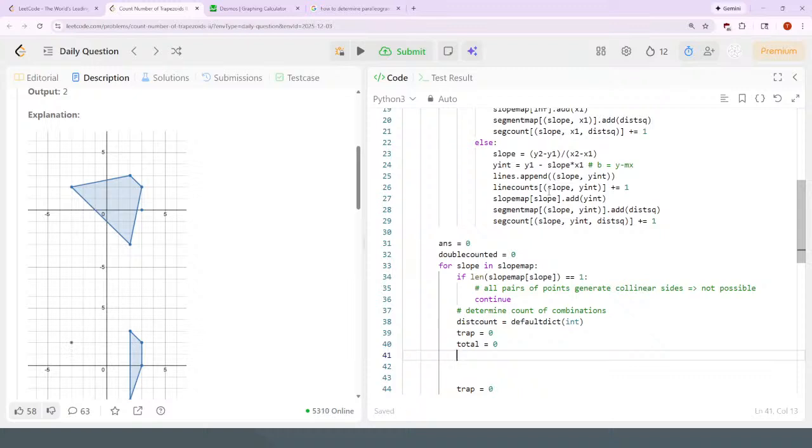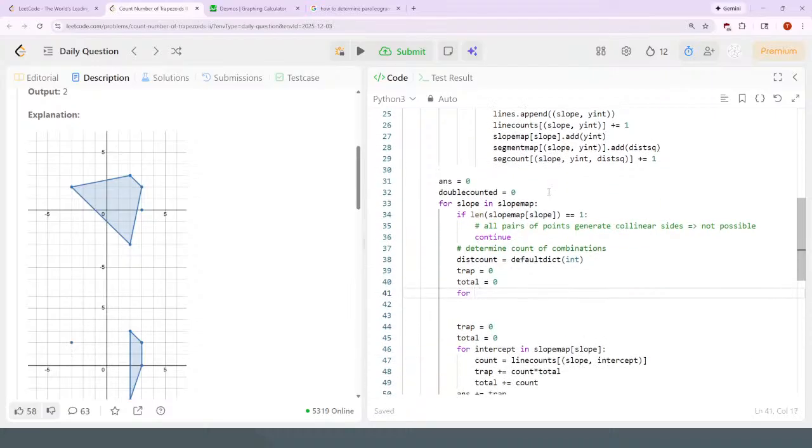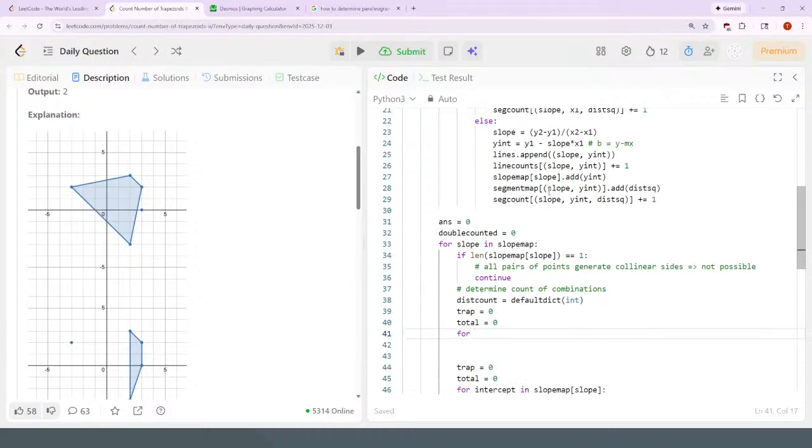So for every y-intercept, every intercept in the slope map for the slope, iterate over every distance of this y-intercept, for every distance squared in the segment map for this combination of slope and intercept.